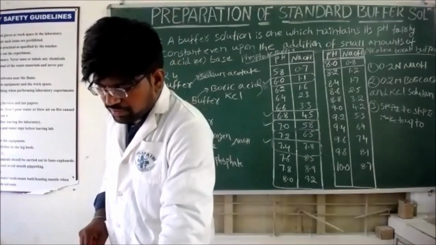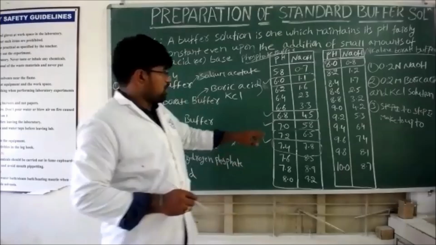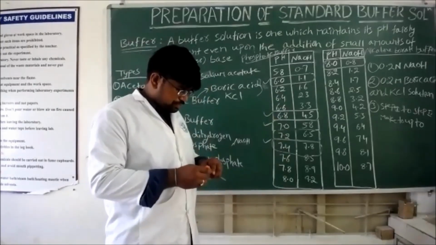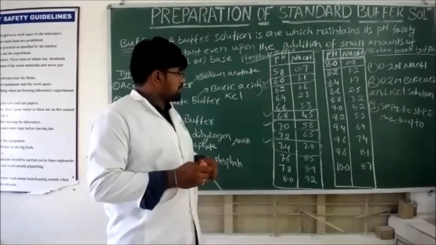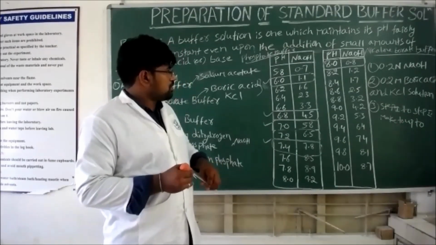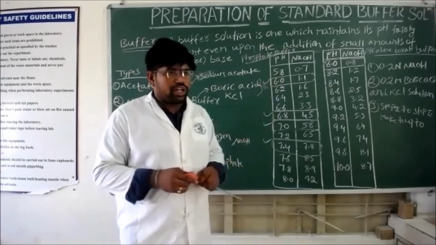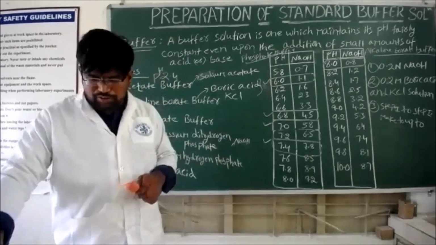Now add the specified quantities of the sodium hydroxide. Say for example, for the preparation of 6 pH, we have to add 1.1 ml of the 0.2 molar sodium hydroxide solution.